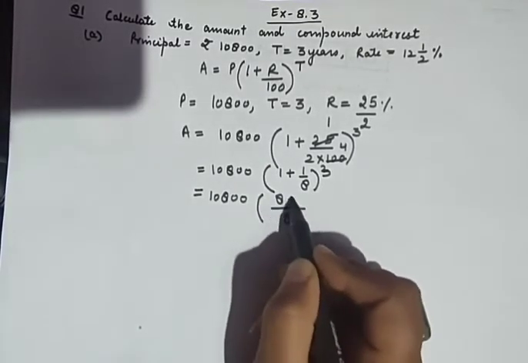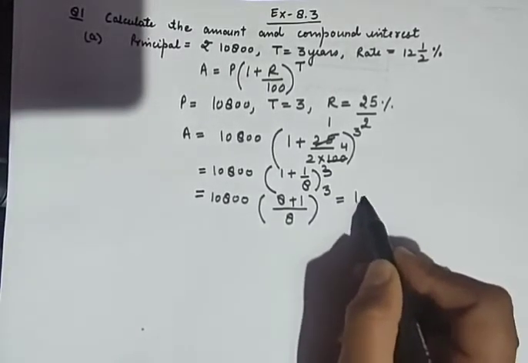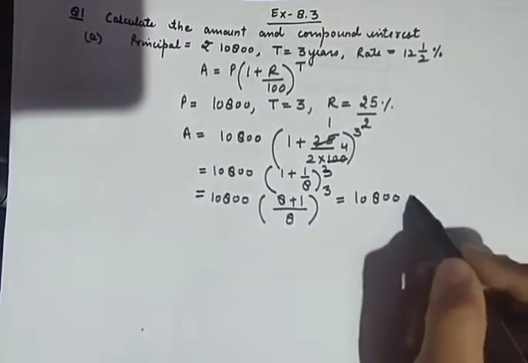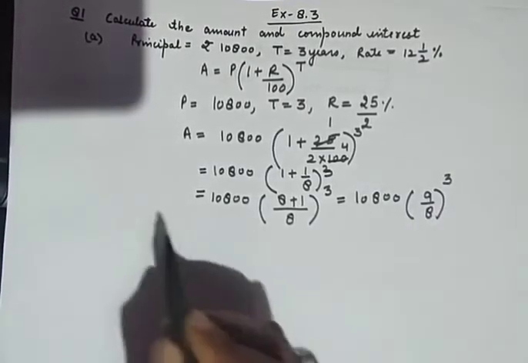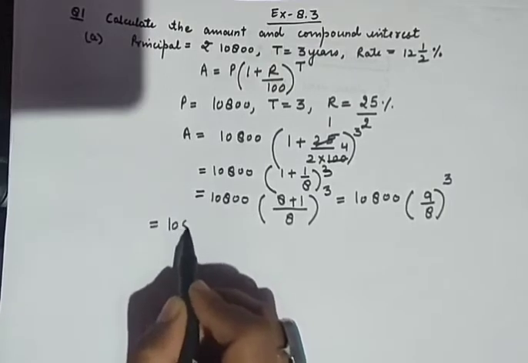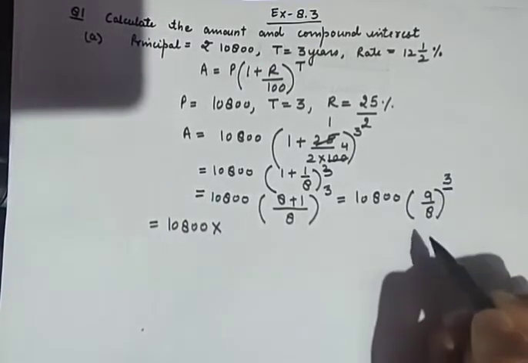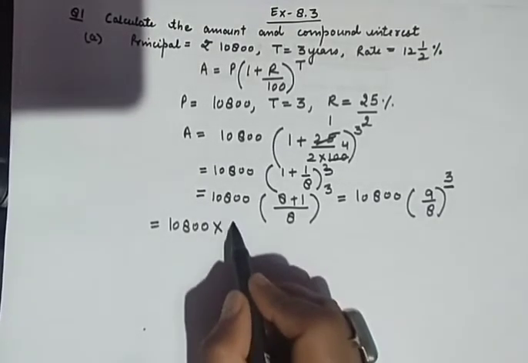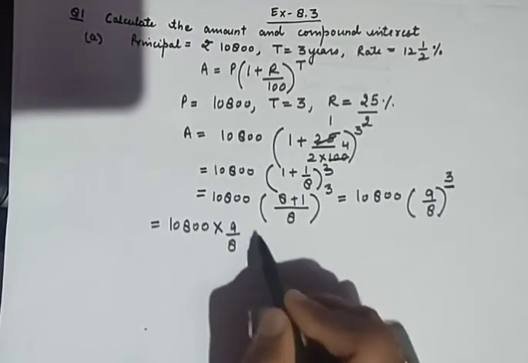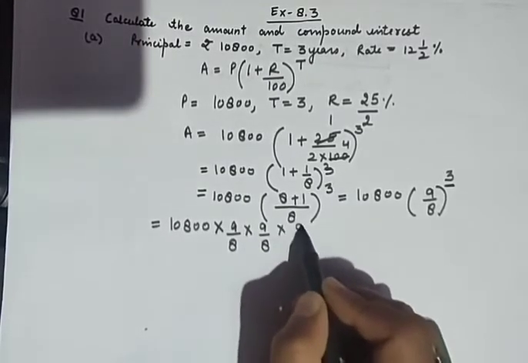It is (8 plus 1) cube, so it is equal to 10800 into (9 by 8) cube. As you know, cube is given here, it means this particular fraction will be multiplied 3 times, that is 9 by 8 into 9 by 8 into 9 by 8.